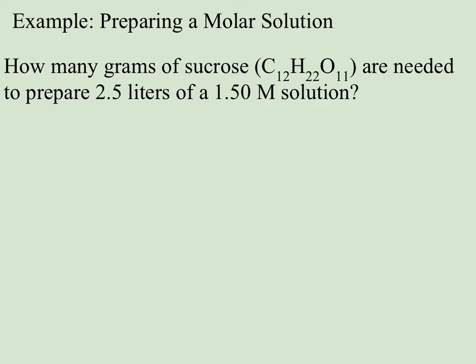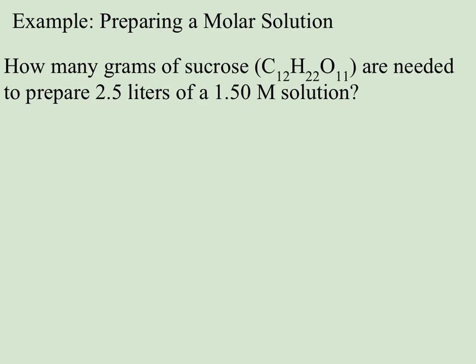Another way this equation is used is telling you how to prepare a molar solution. I'm being asked how many grams of sucrose, and that's sucrose's formula, are needed to prepare 2.5 liters of a 1.5 molar solution. So again, I've got two of my 3 variables. I'm being asked to find the third one. So if I look at what I have, I'm being asked to come up with grams, which I will get from my moles.